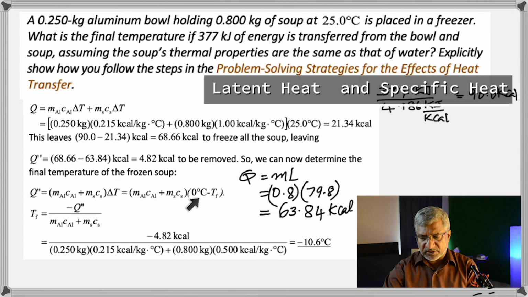Remember that the temperature goes from 0 to a lower temperature. So higher temperature is 0 minus TF. That's where you get the negative, if you notice. So the TF becomes negative. So we have negative 4.82 kilocalories divided by that, and that gives us negative 10.6 degrees Celsius.